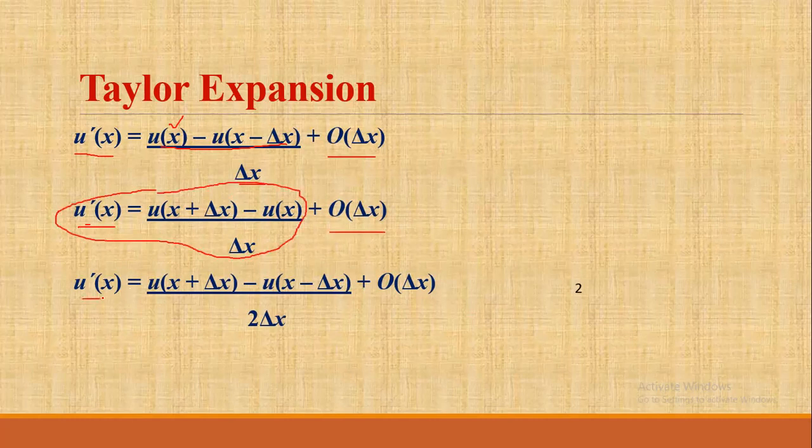And the third one is u'(x) as (u(x plus delta x) minus u(x minus delta x)) upon 2 delta x and the remaining term. The first term is the backward difference, this one is the forward difference, and this one is the central difference. So all three equations can be used for the first order derivative approximation.